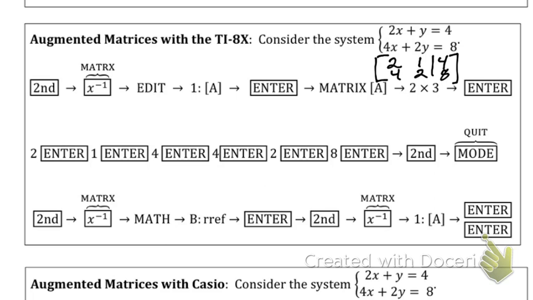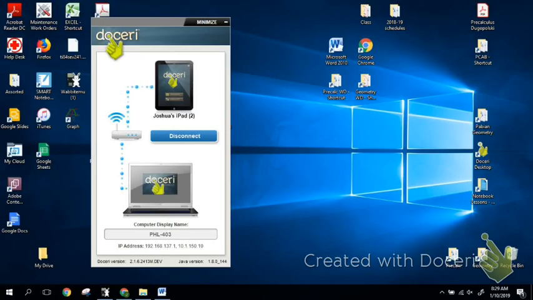My goal is to type this exact same thing into my calculator. And we do have a matrix button that's going to allow us to plug that right in. So let me get this all squared away and then bring up my calculator.